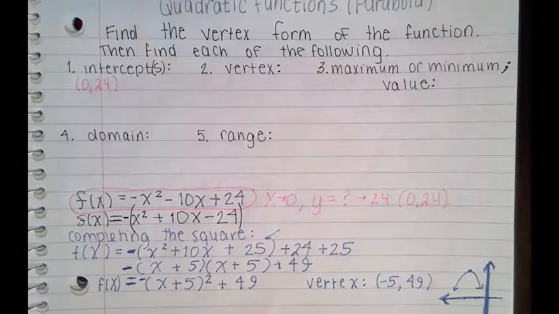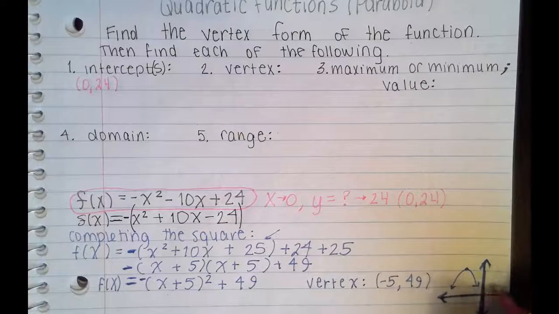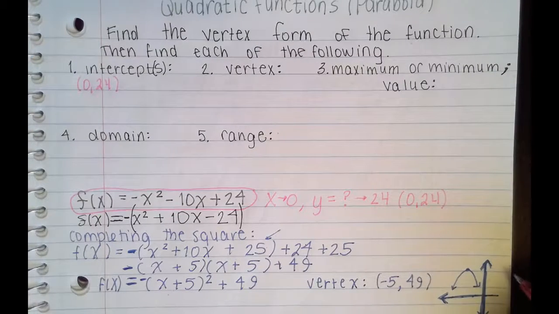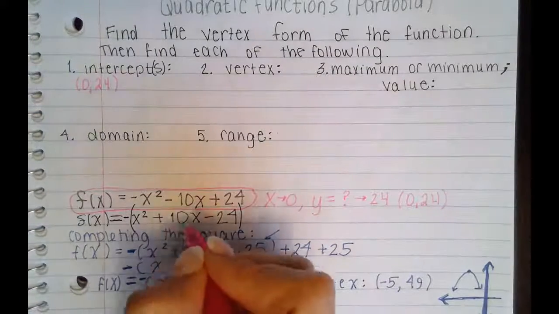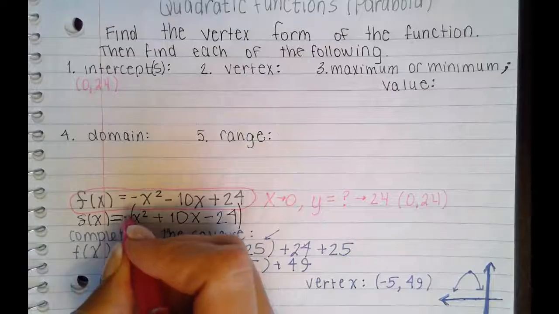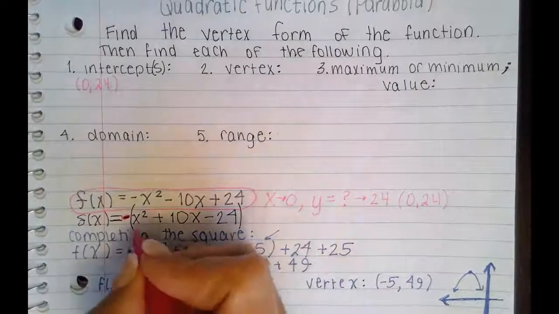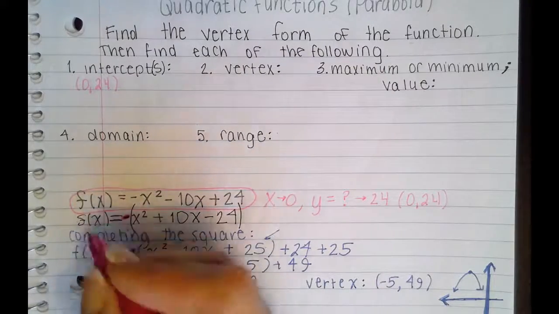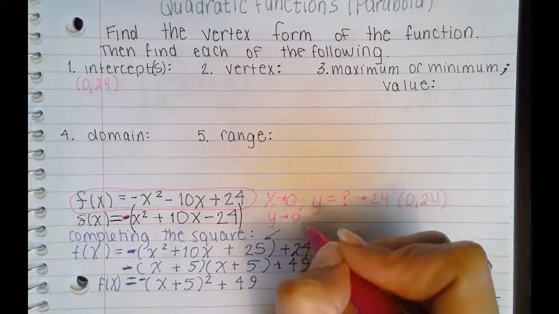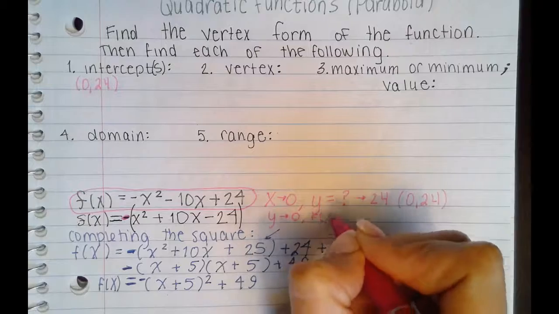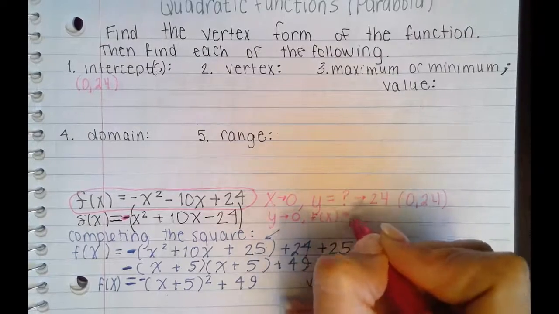What about my x-intercepts? I have a couple options. I can factor and solve. With the negative already being out, that's pretty handy. To get an x-intercept, you want y to equal 0. If y is equaling 0, that's really what f of x means. f of x has to equal 0. You're not plugging in 0. You're setting f of x equal to 0, so you're not filling a 0 for the x.